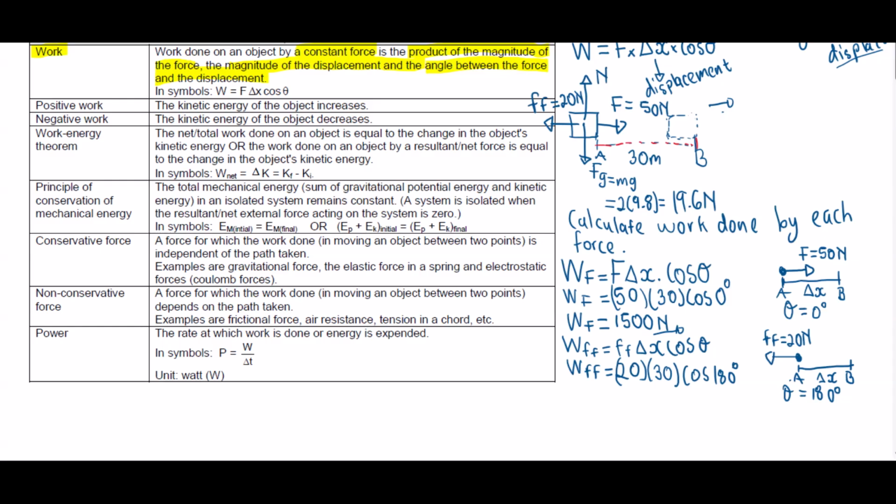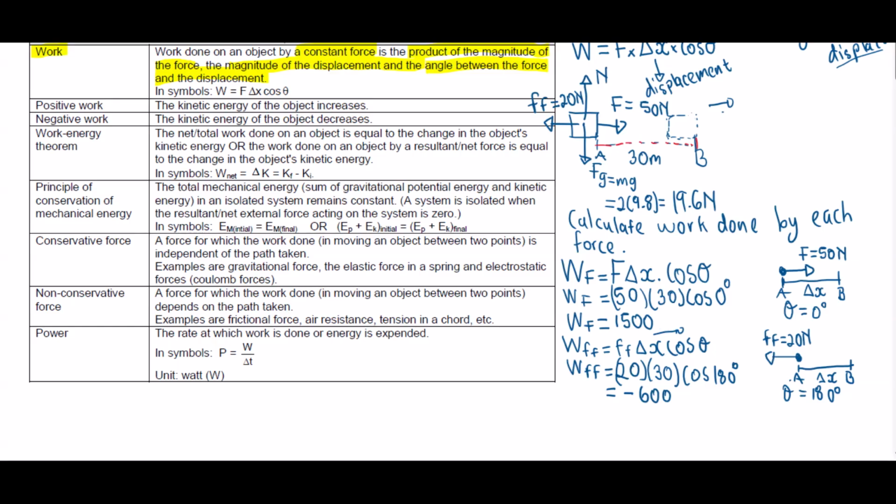Now it's going to be 20 times 30 times cos 180. The answer is going to be negative 600. Sorry people, the SI units should be joules and not newtons, right?